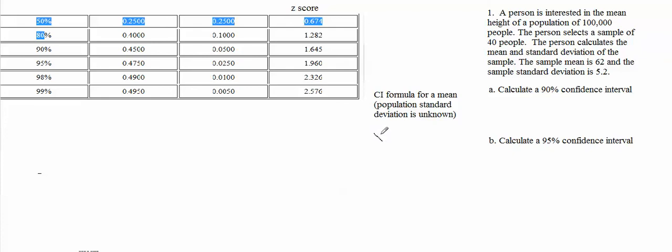The first part is still the sample mean, the x bar, but the z-score turns into something called the t-score. I'll explain what that means.